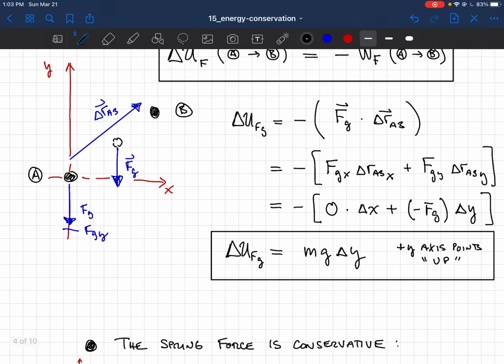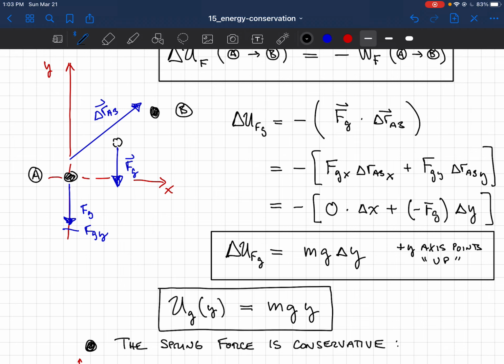Well, it actually gives us the change in potential energy, so we can make another distinction and say that the potential energy function, as a function of this y coordinate, is just mg times y, because delta U means Ug final minus Ug initial.